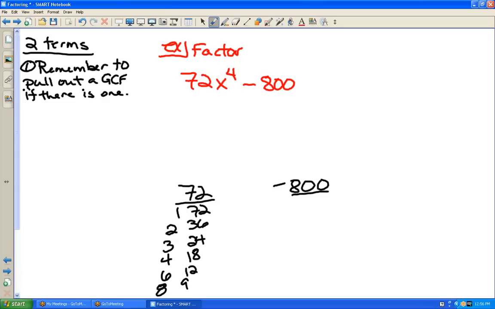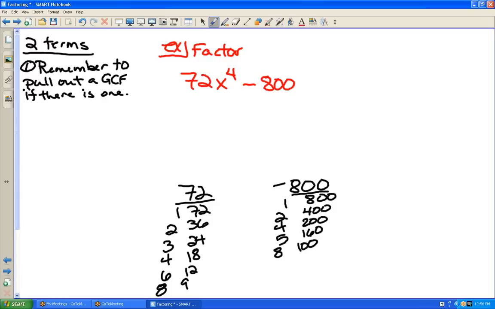Yay. I think I have it right. Hopefully it is. 800: 1 and 800, 2 and 400, 3 doesn't go in there, 4 and 200, 5.